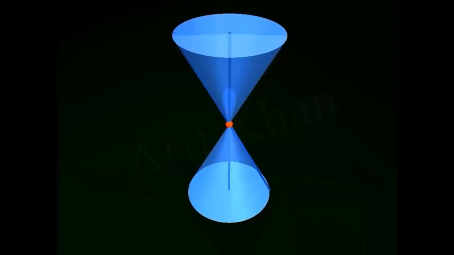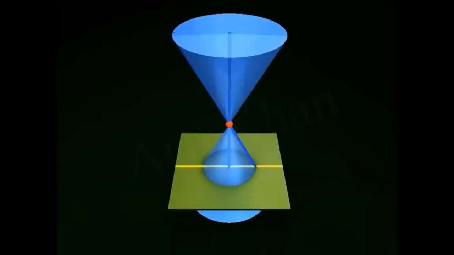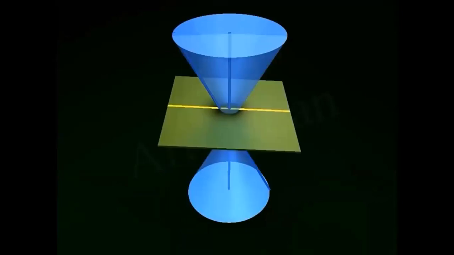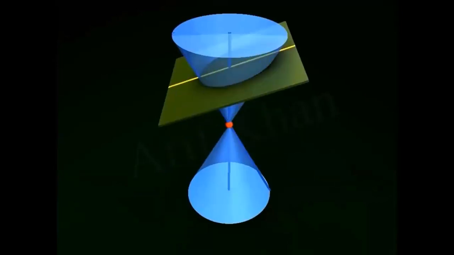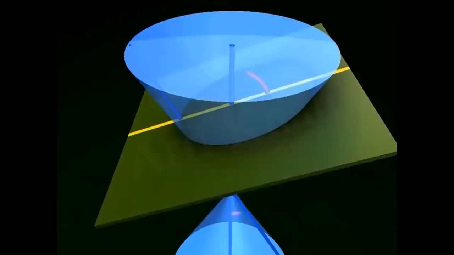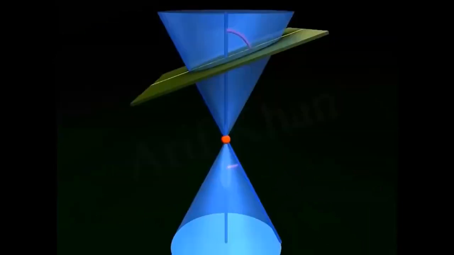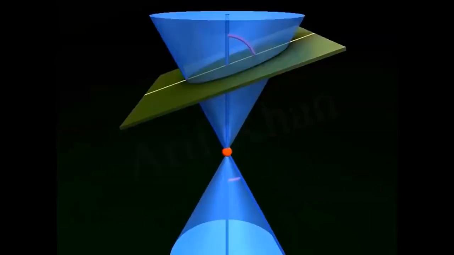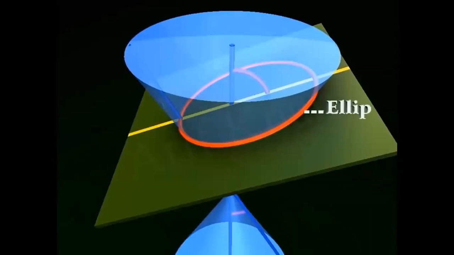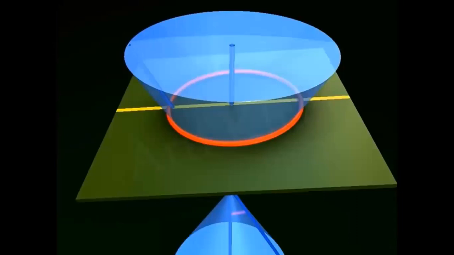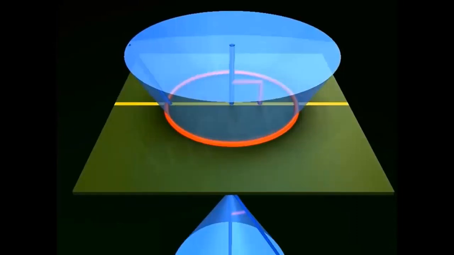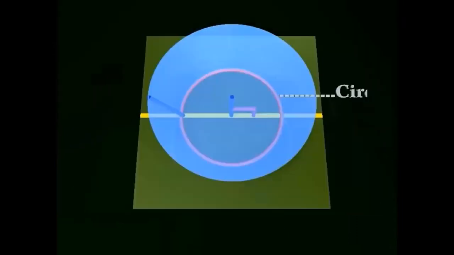Ellipse. When the plane intersects the double right circular cone in such a way that the angle between the plane and the axis is greater than the vertex angle, we get a closed curve called an ellipse. When the plane is perpendicular to the axis, the ellipse becomes a circle.